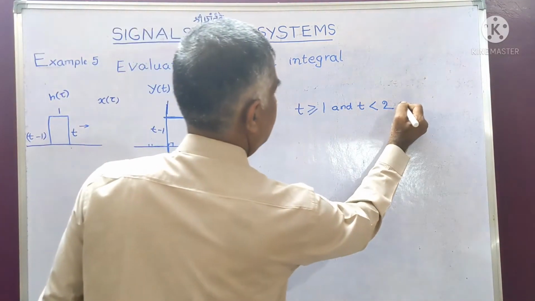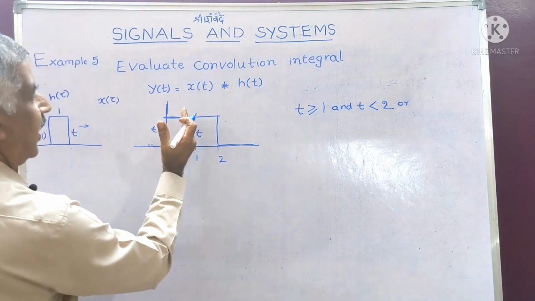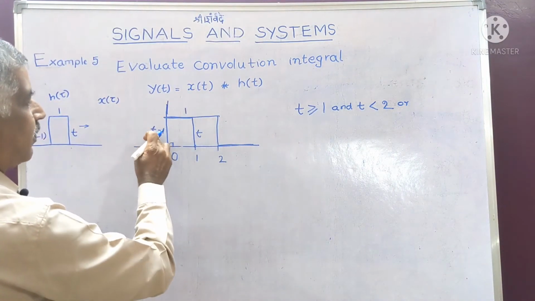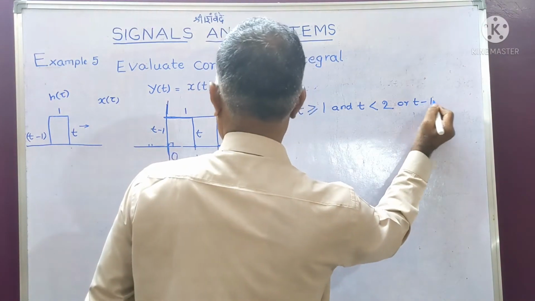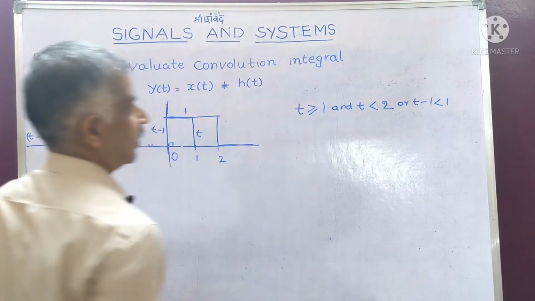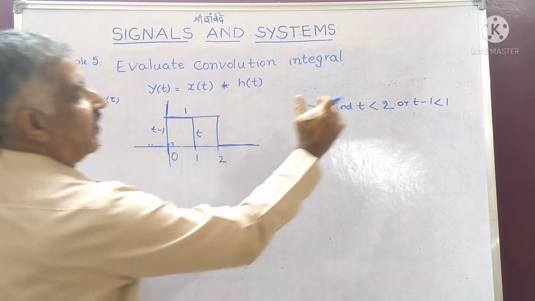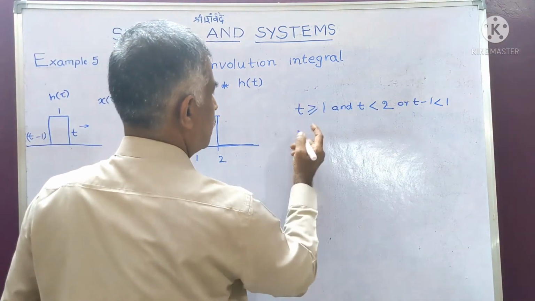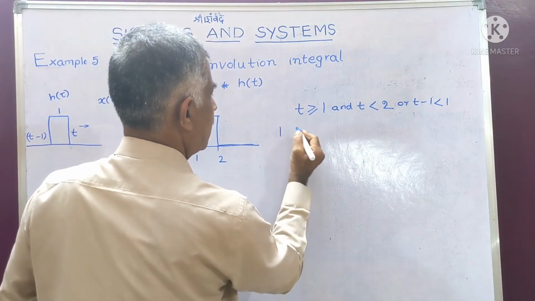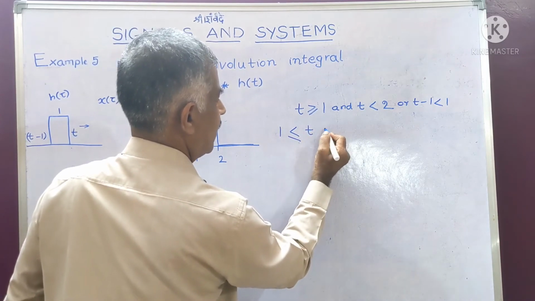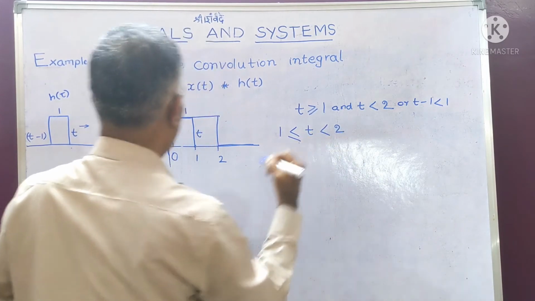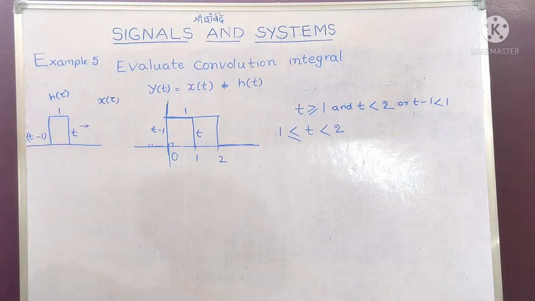By the time you move this to here, t minus 1 occupies this position, that is t minus 1 less than 1. One and the same. Therefore combine these two: 1 less than or equal to t less than 2.